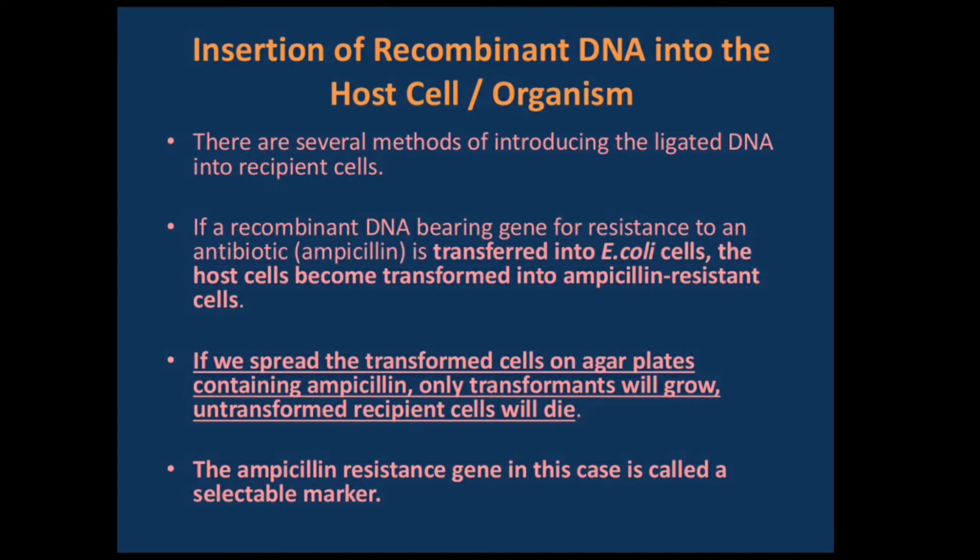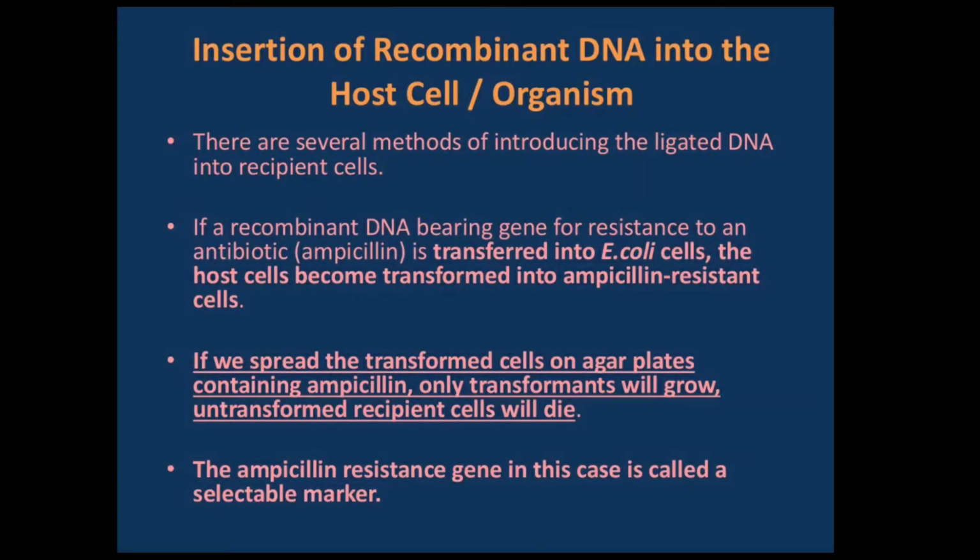The recombinant DNA is introduced into the host cell in a process called transformation. The recipient cells, after being made competent to receive, take up DNA present in their surroundings. If a recombinant DNA possessing an antibiotic resistance gene is transferred into E. coli cells, the host cells become transformed into antibiotic resistant cells.